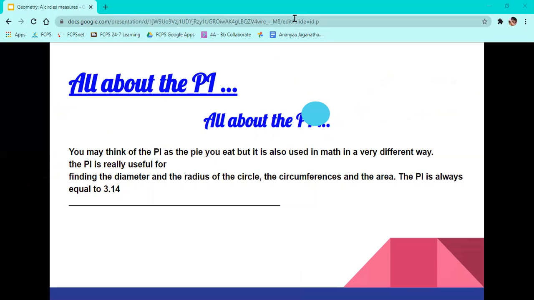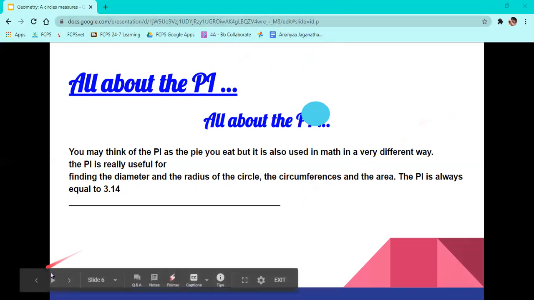Why do they say it's equal to 3.14? Because when you're finding the circumference and you have a radius of 4, you would do 4 times 3.14, right? So you would do that and then you would get it. That's how you do it.